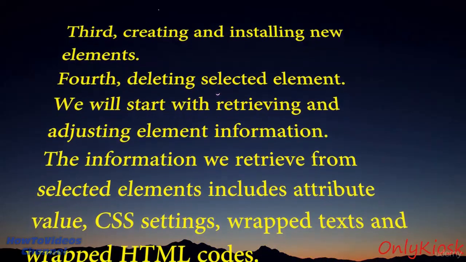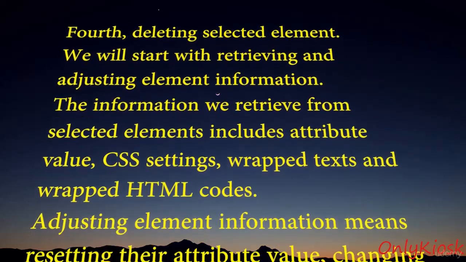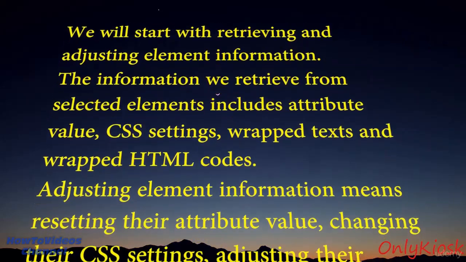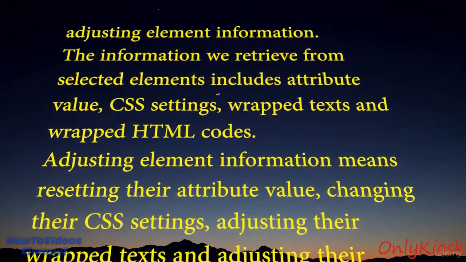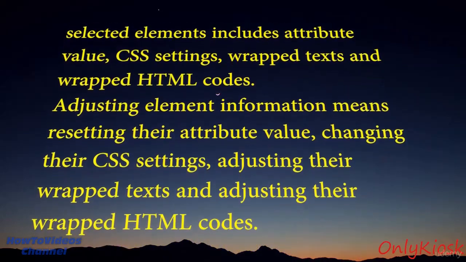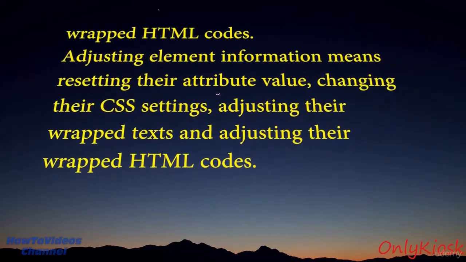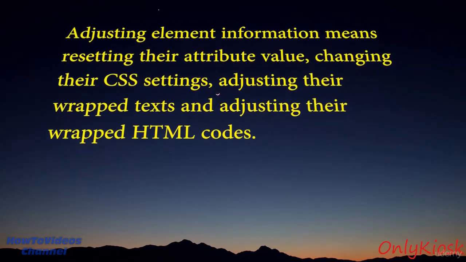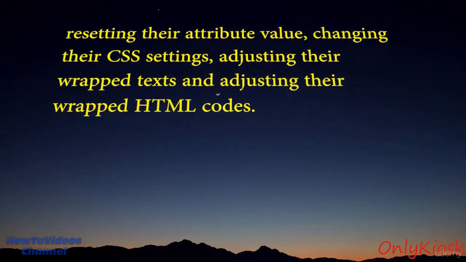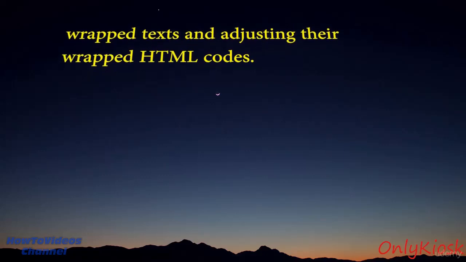We'll start with retrieving and adjusting element information. The information we retrieve from selected elements includes attribute value, CSS settings, wrapped text, and wrapped HTML codes. Adjusting element information means resetting their attribute value, changing their CSS settings, adjusting their wrapped text, and adjusting their wrapped HTML codes.